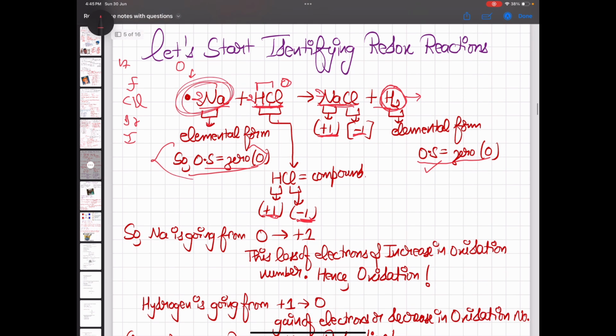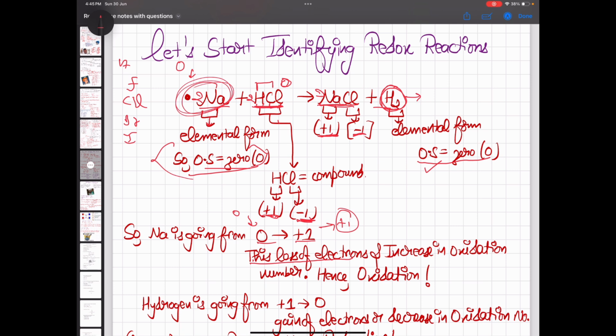So Na is going from 0 to +1. Is this gain of electrons or loss of electrons? This is loss of electrons. Earlier it had a charge of 0. Now it has a charge of +1, meaning there is deficiency of electrons. Positive represents deficiency of electrons. So this means there is loss of electrons.